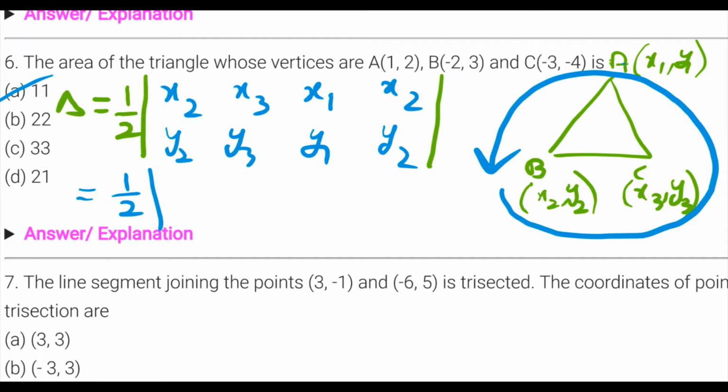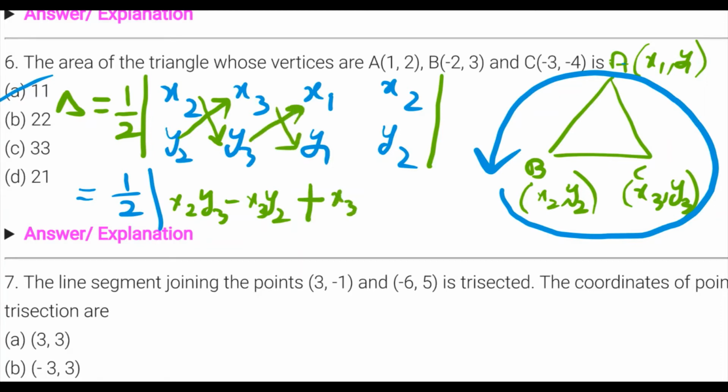After writing this, we need to find the determinants: x2 y3 minus x3 y2, plus x3 y1 minus x1 y3, plus x1 y2 minus x2 y1.